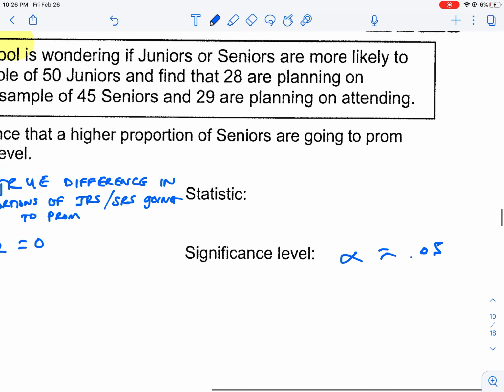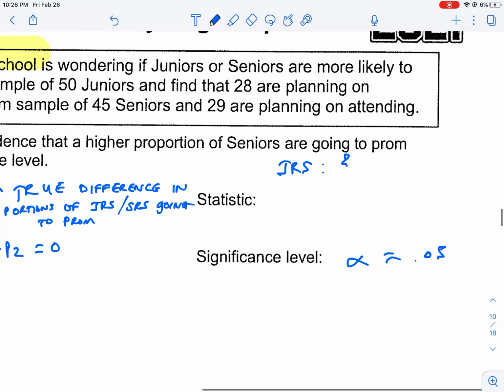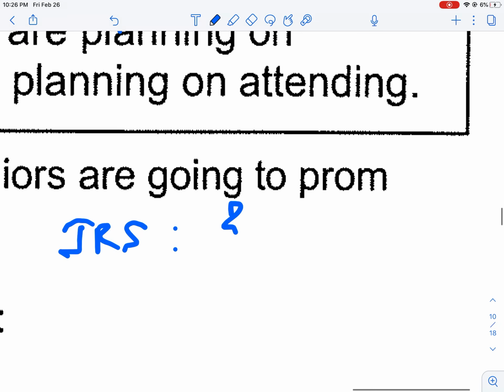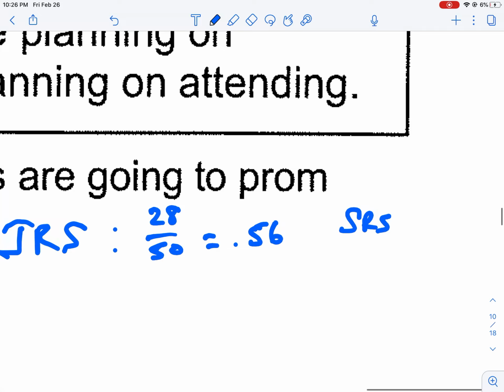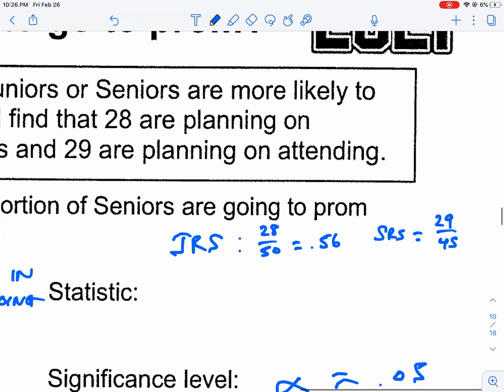So let's kind of jump over to statistic here. Our statistic here is going to be based on two things. We're going to talk about our juniors, and our juniors had a proportion up here of 28 attending out of 50, which represents 0.56, so 56%. And our seniors had a proportion of 29 out of 45.